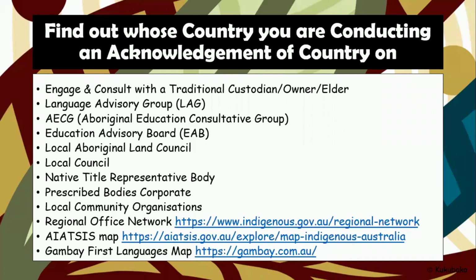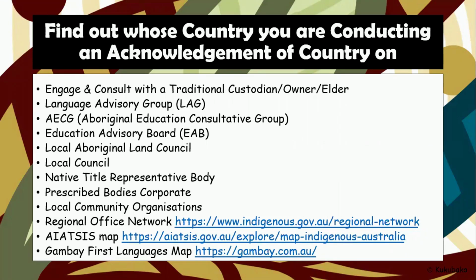So from the list I've provided, it might be easy enough just to type one of those dot points into Google, for example, local Aboriginal Land Council, and with your approximate location to where you are or where you're conducting an acknowledgement of country, and then follow the leads. It should or may take you to what you're looking for to find out how you can then reach out to a traditional custodian, owner or elder, or find the information that you need.